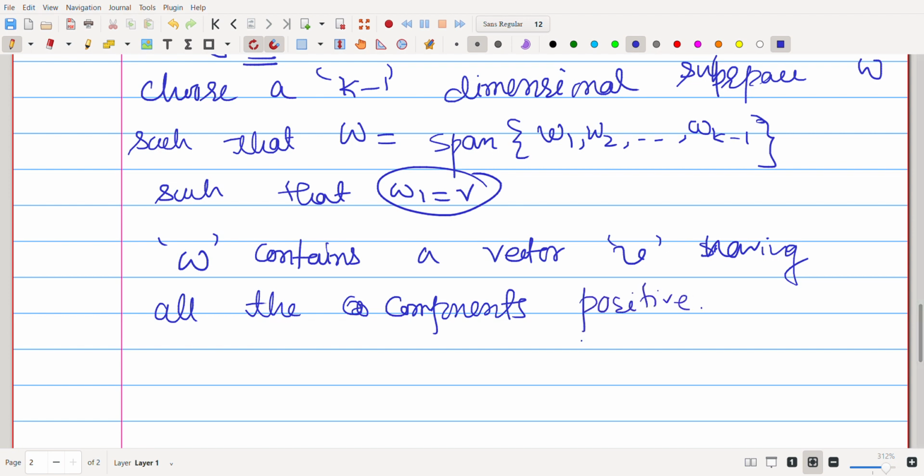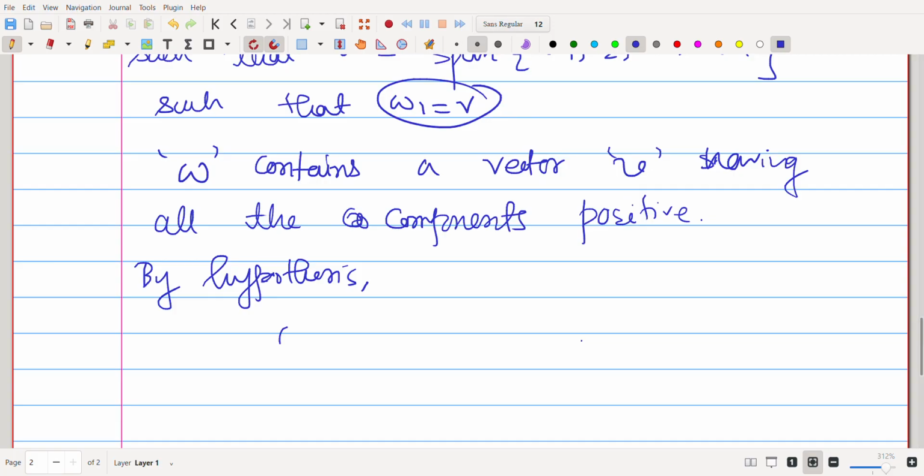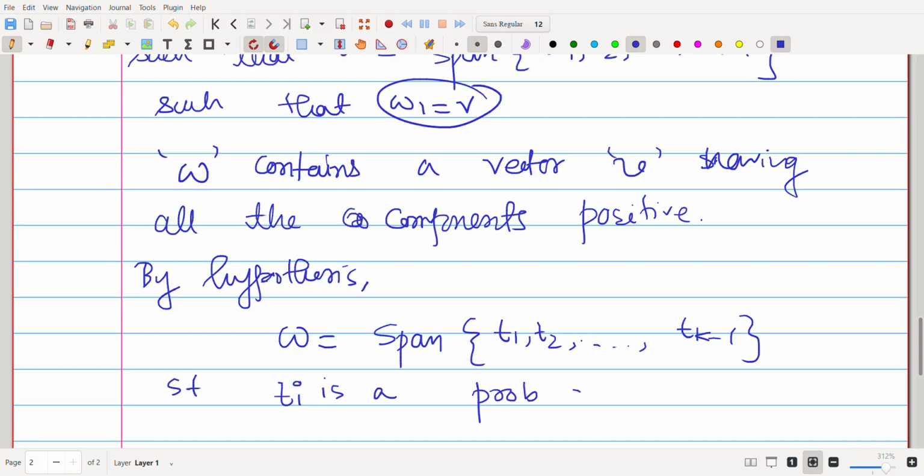So by the hypothesis, W is spanned by its probability vectors, so I can write W as the span of t1, t2, up to t(k minus 1), such that each ti is a probability vector.